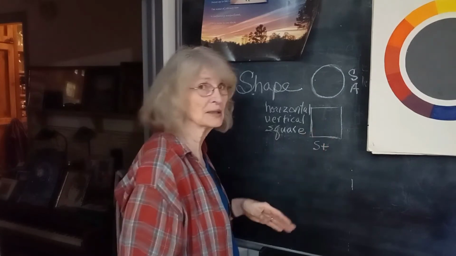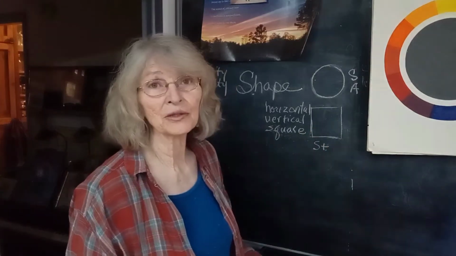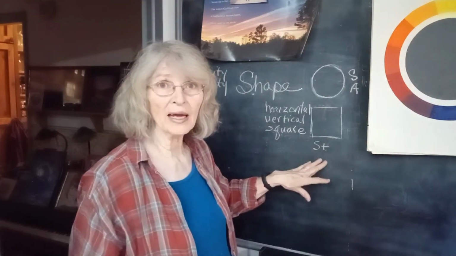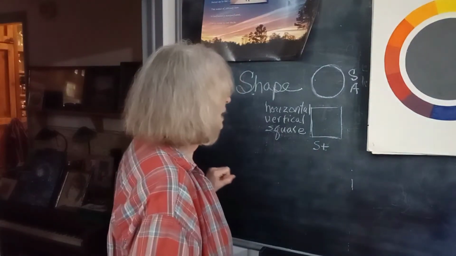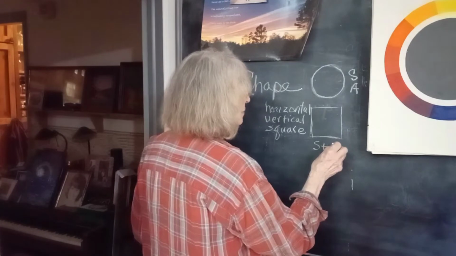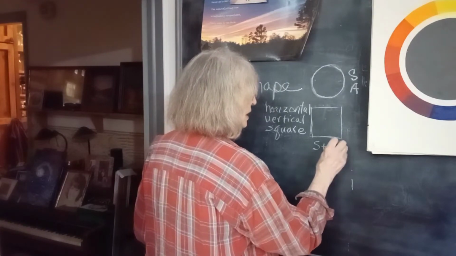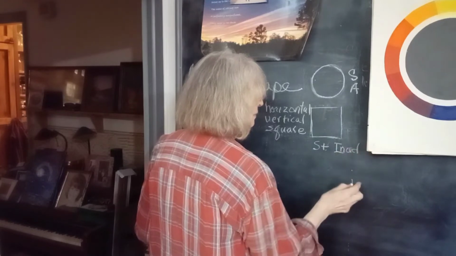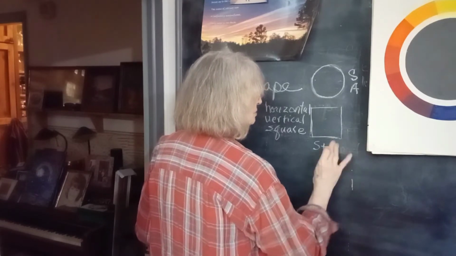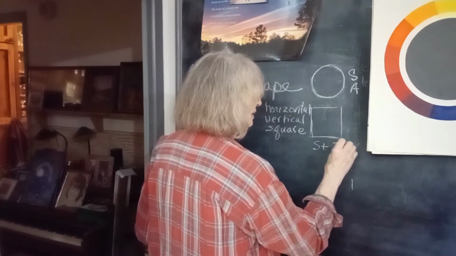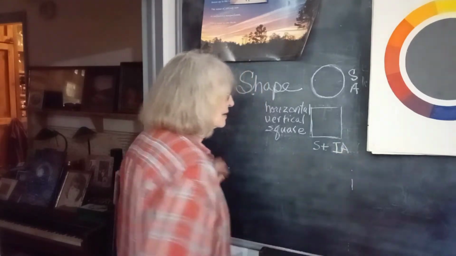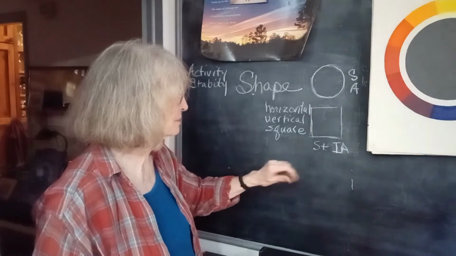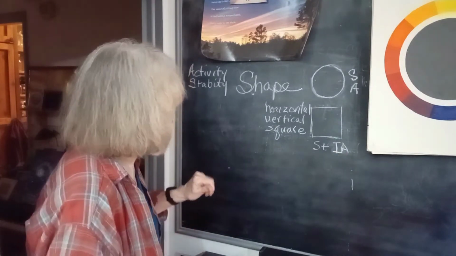So it is a fairly stable shape, the most stable of the 3, and it is a very inactive shape. So I'll just put an IA. It's an inactive shape, stable and inactive.